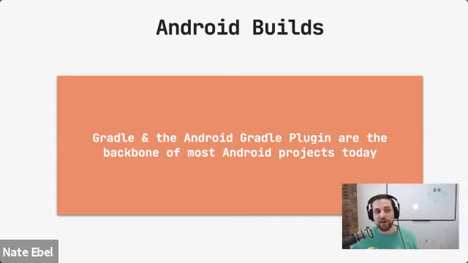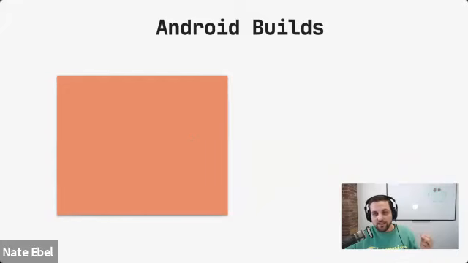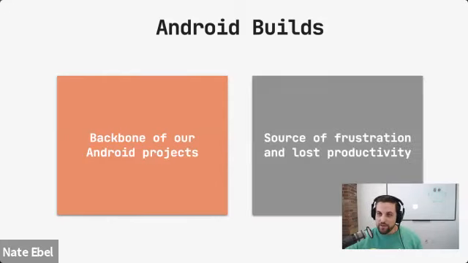And thankfully, we don't have to think about it all that often. However, that does start to break down. So while it might be the backbone of our project here, and we don't think about it that often, it also can really be a source of a lot of frustration and loss of productivity for developers.